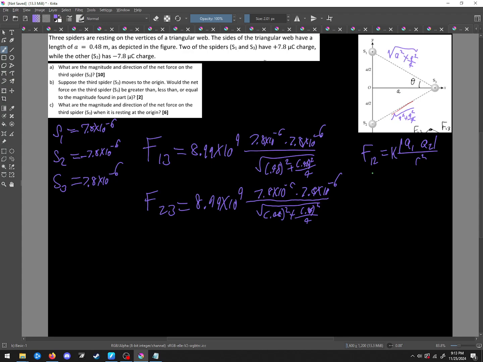All going to be multiplied by 8.99 times 10 to the 9th, 7.8, 7.8, 0.48 squared, plus 0.48 squared over 4. That should work.